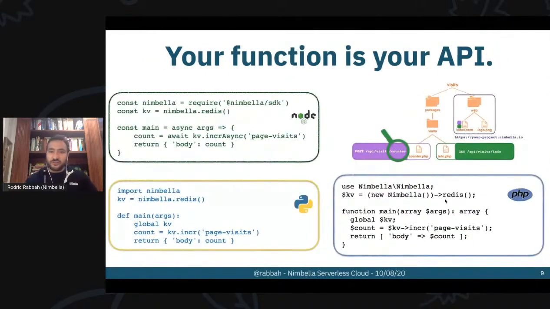Now, let's take a look at the functions. So I showed we have 2 functions here, a counter and info. I used PHP in the illustration, but you can in fact code this in any number of languages. I'm showing 3 here: one is in Node, one is in Python, one is in PHP. You'll see they're all fairly short, and they're all essentially doing the same exact thing.